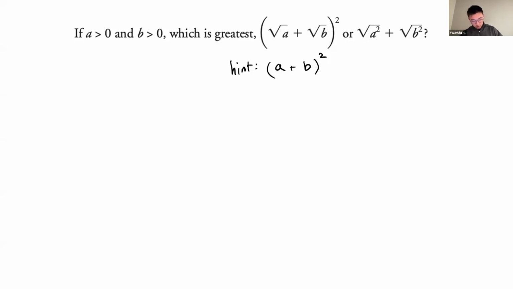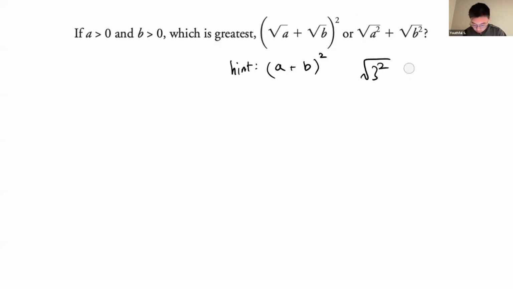So hopefully the hint kind of helped. So you could try and evaluate these. You could maybe try to solve for root a plus root b squared, and then compare that with this simplified version, where the square root of anything squared is just equal to the thing.